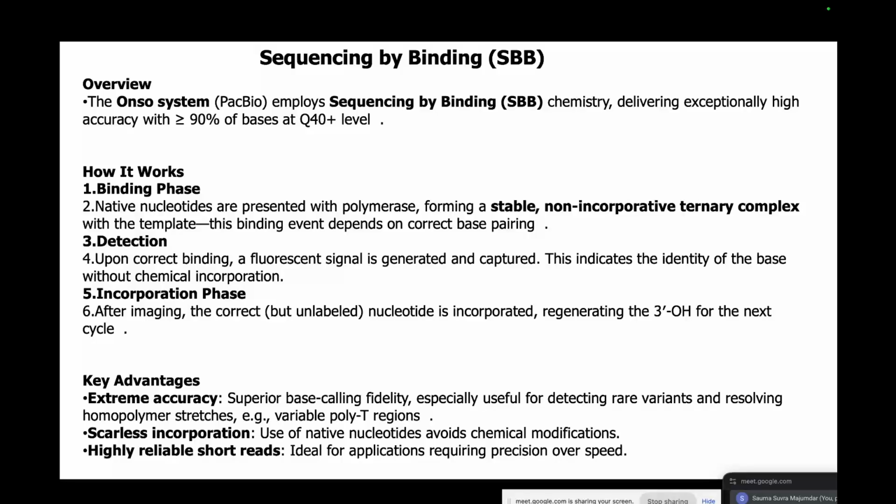Upon binding, a fluorescent signal will be generated and captured, and this will identify the base, a signal without chemical incorporation. And after imaging, the nucleotide is incorporated, regenerating the 3' hydroxyl for the next cycle.